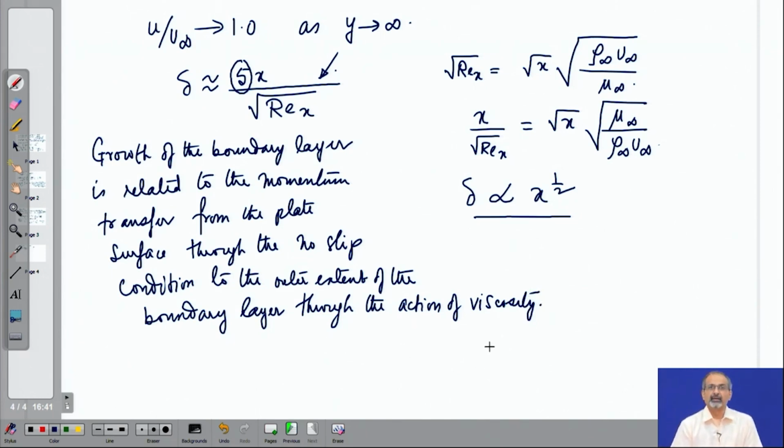That is why, as we move down the length of the plate, we see more and more momentum diffusion and therefore growth of the boundary layer.